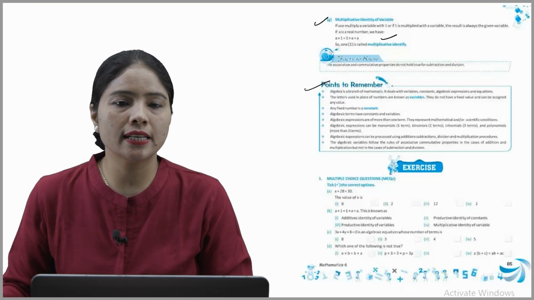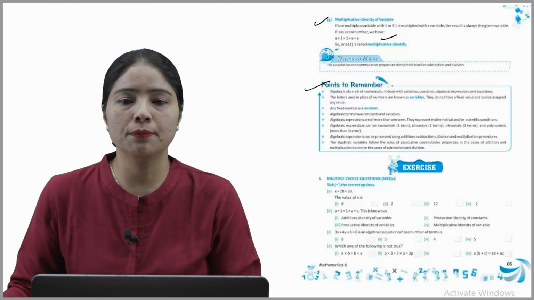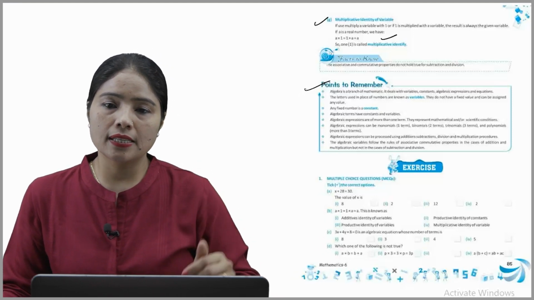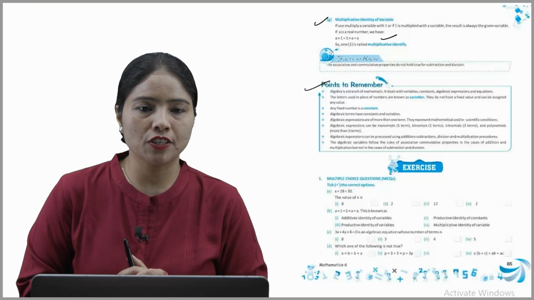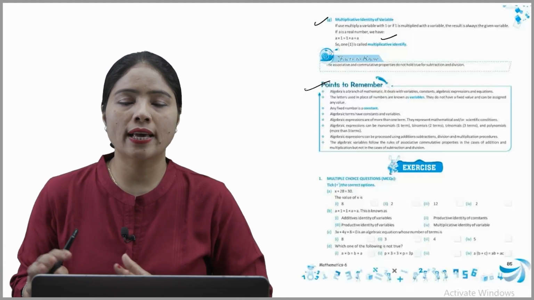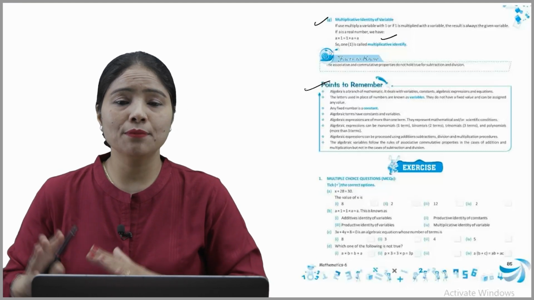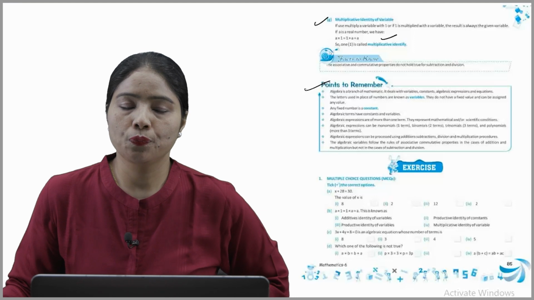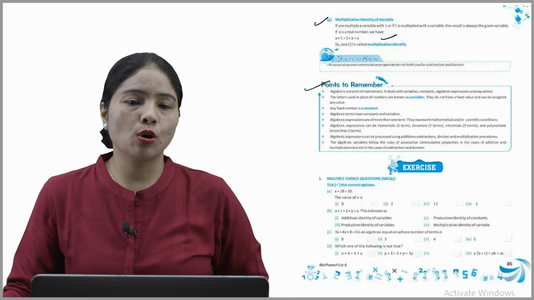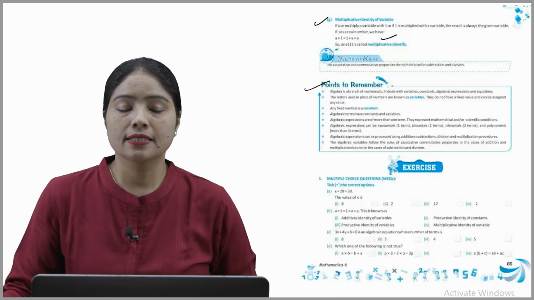So now points to remember. Algebra is a branch of mathematics. It deals with variables, constants, algebraic expressions and equations. The letters used in place of numbers are known as variables. They do not have a fixed value and can be assigned any value. Any fixed number is a constant. Algebraic terms have constants and variables.